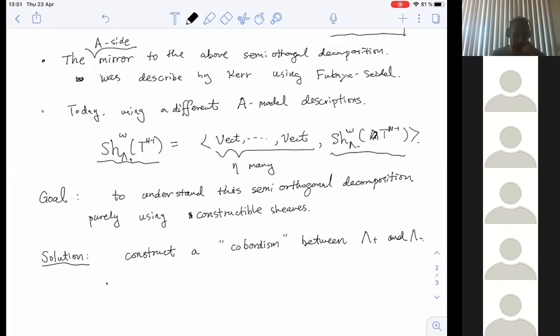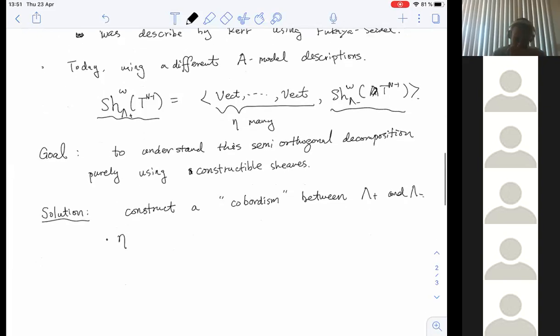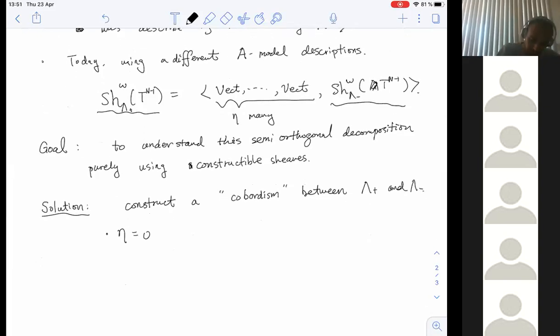So what we end up having is that if eta equals 0, then we have a family of categories, the cobordism, which I denote by lambda sub t, in the same space. Then this family of categories indexed by t, say t in [0, 1], are all equivalent.